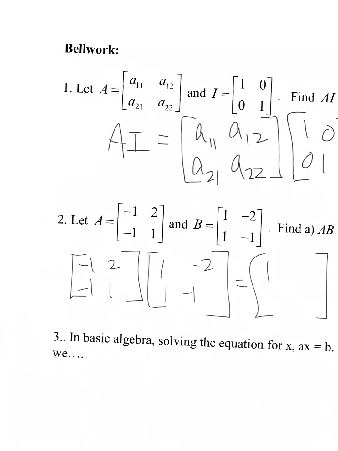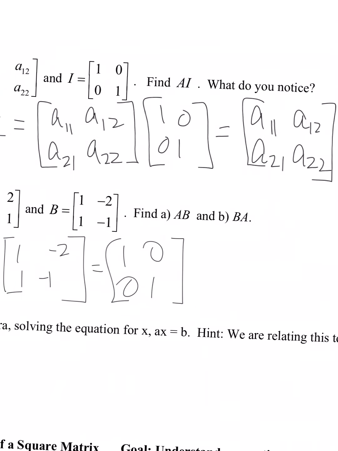And row 1 times column 2 is 2 plus negative 2, which is 0. Row 2 times column 1 is negative 1 plus 1, which is 0. And then row 2 times column 2 is negative 1 times negative 2, which is 2, plus negative 1 is 1. So if we multiply A times B, we end up getting the identity matrix.